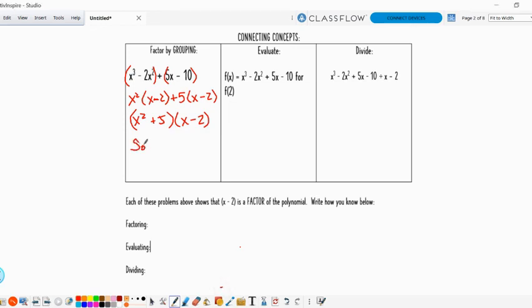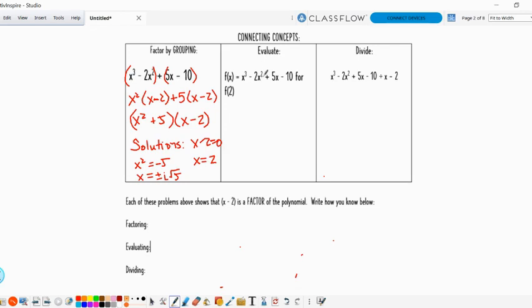That would mean our solutions are x squared equals negative 5, so x equals plus or minus i root 5, and x minus 2 set equal to 0 gives us x equals 2. Now, from our factor, we see that 2 is a solution.